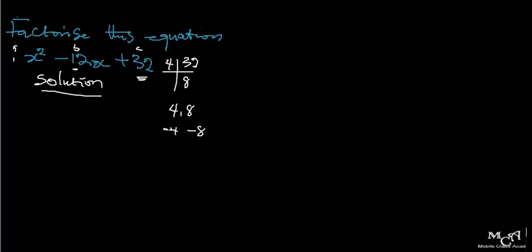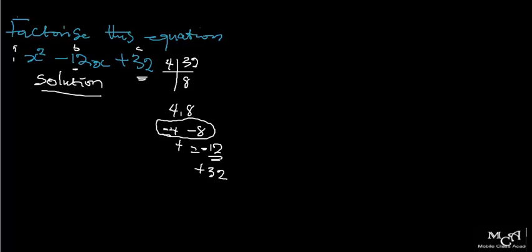If we have minus 4 and minus 8, if we add them together, we are going to get minus 12. Is that understood? Now, if we multiply minus 4 and minus 8, it's going to give us what? Plus 32. So we have replacement for our b. What is the replacement? Minus 4 minus 8. Is that understood?